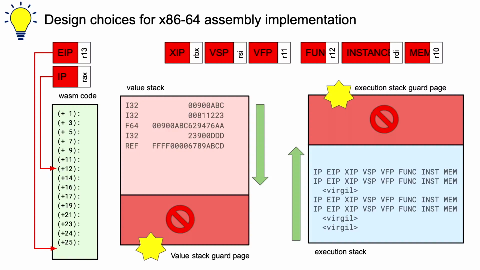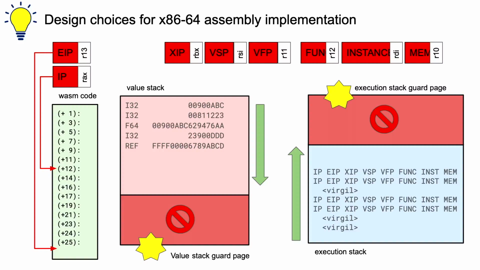Same thing for the execution stack. If you know your x86 in and out, there's RSP, it goes downwards as you push frames. So I decided to just use the native execution stack for execution frames of the interpreter. When you call a function in Wasm, you get another interpreter frame, so those just keep stacking up. They can be mixed with virtual frames.